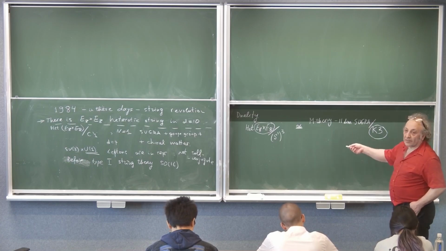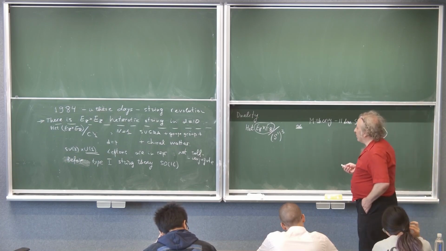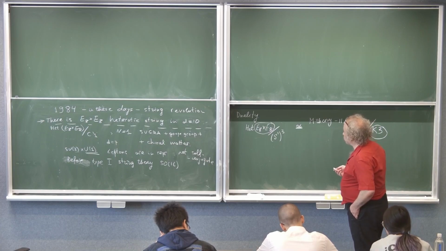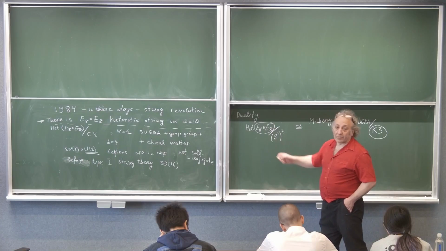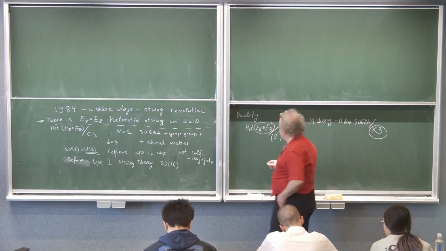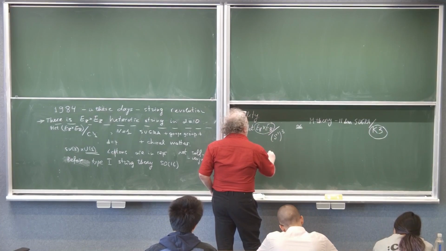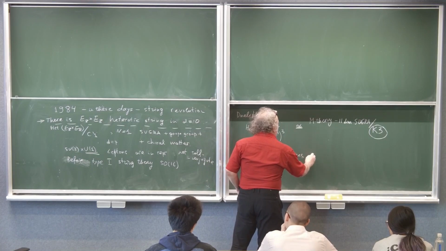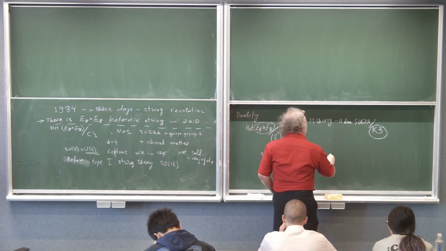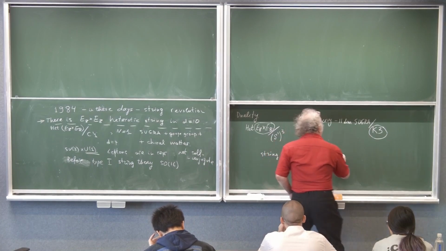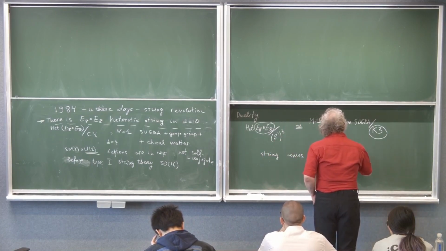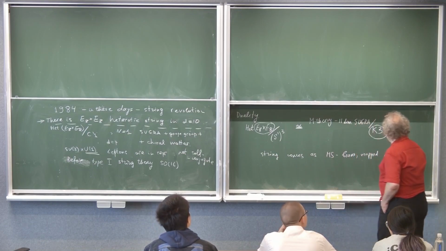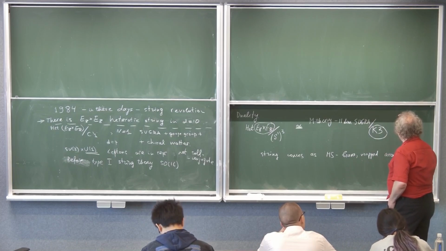So now I am formulating the answer. And we should be able to understand how string appears. String comes as an M5 brane wrapped around K3.